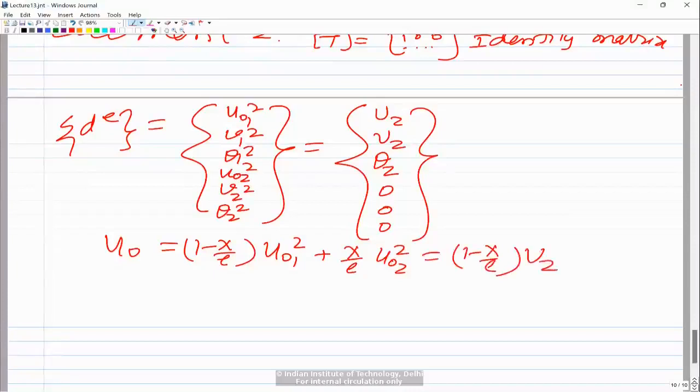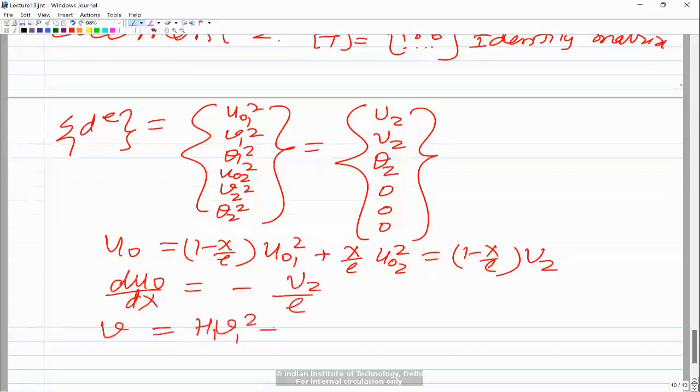Then you can calculate du0 by dx, which would be equal to minus u2 by L. Similarly you will write v, which would be equal to h1 into v1 plus h2 into theta 1 plus h3 into v2 plus h4 into theta 2. So this is what you will have.